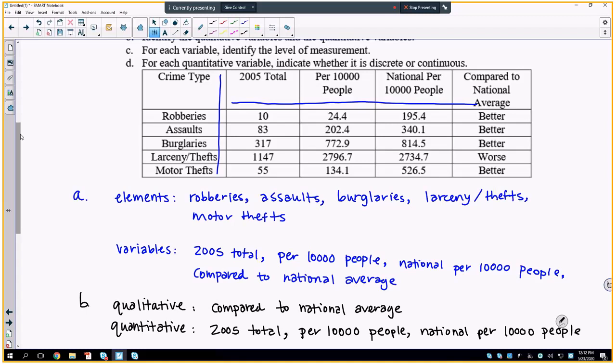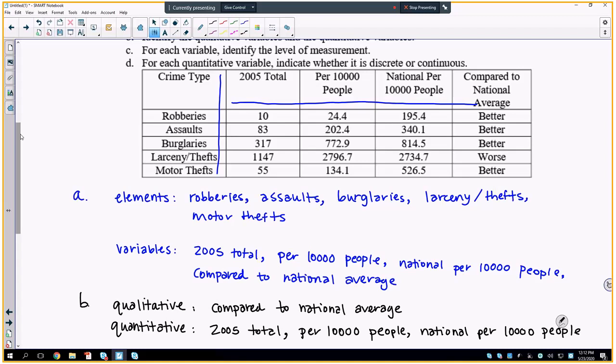So that's what we call continuous, because we can't simply count 1, 2, 3, 4, 5. You can have decimals and every number in between. Between 24 and 25, we can have 24.1, 24.2, 24.3, and so on. So we said, since it can take on every number between any two whole numbers, we call that continuous.